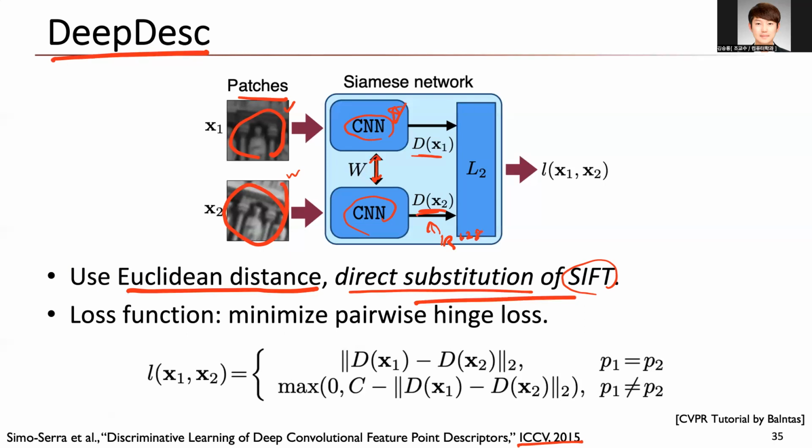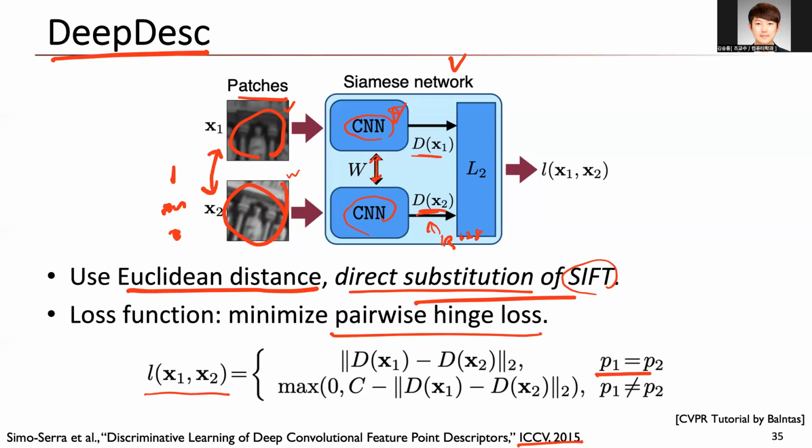And how to learn this network? The learning loss function is similar to the previous one, and we already have the ground truth. These two patches are similar or not. We already have the ground truth training data. So we define the loss function to minimize the pairwise hinge loss.